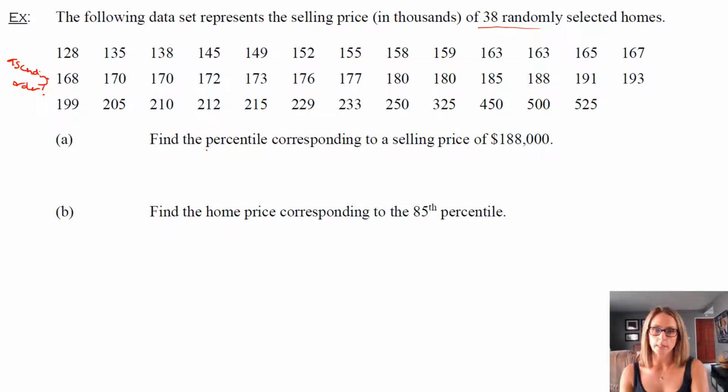So the first question says, find the percentile corresponding to a selling price of 188,000. The first thing you'd want to do is locate 188 within the data set. So find that.